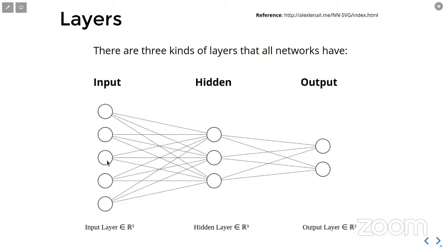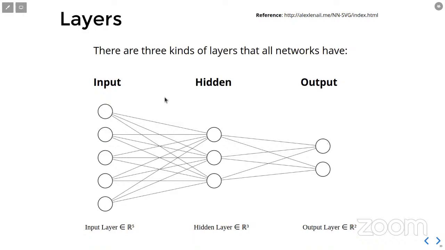The number of neurons in the input layer will be equal to the number of features in your problem. So if you're solving a regression problem which has say 100 features, you will have 100 input neurons, and you will have a single output neuron which will output the real number.